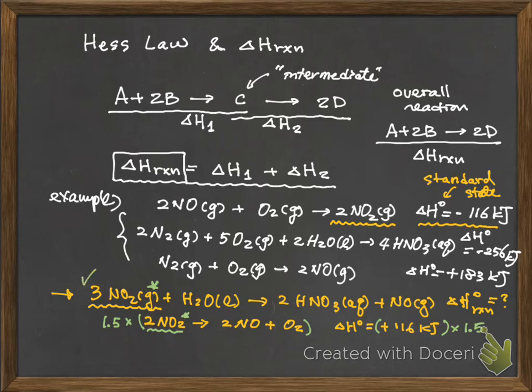So let me look at the second set, which has something to do with water. Water is showing here on the left hand side, and the water I'm looking at is on the same side. So that's good. I'm going to rewrite this one: 2N2 plus 5O2 plus 2H2O becomes 4HNO3.